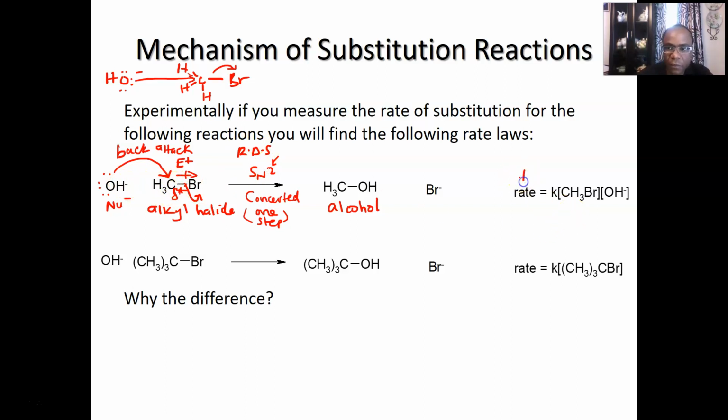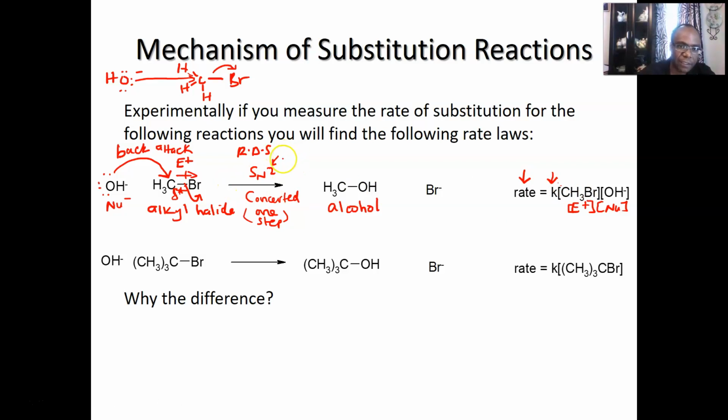So in fact, if you look at the rate equation, the brackets imply the concentration. In the rate equation, the concentration of the electrophile and the nucleophile must be considered. K here is just a rate constant that must be determined in the lab. We don't know what that number is.